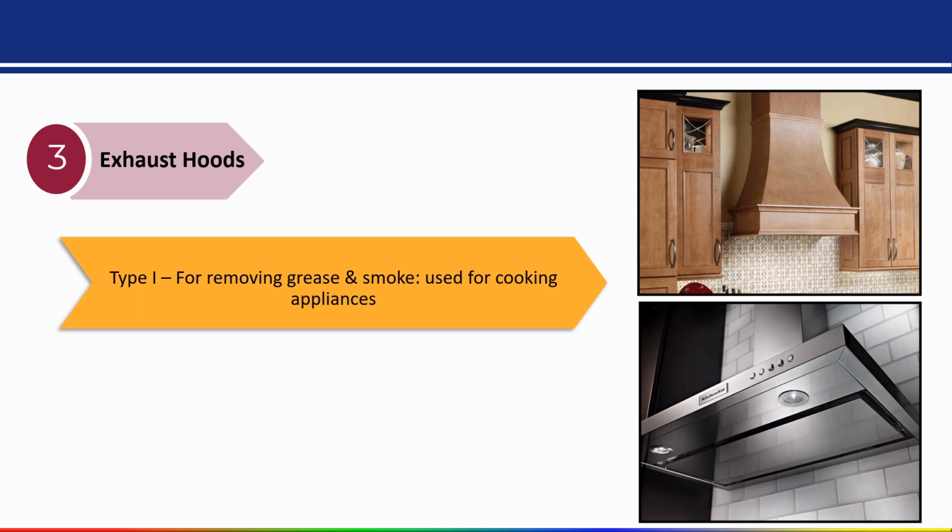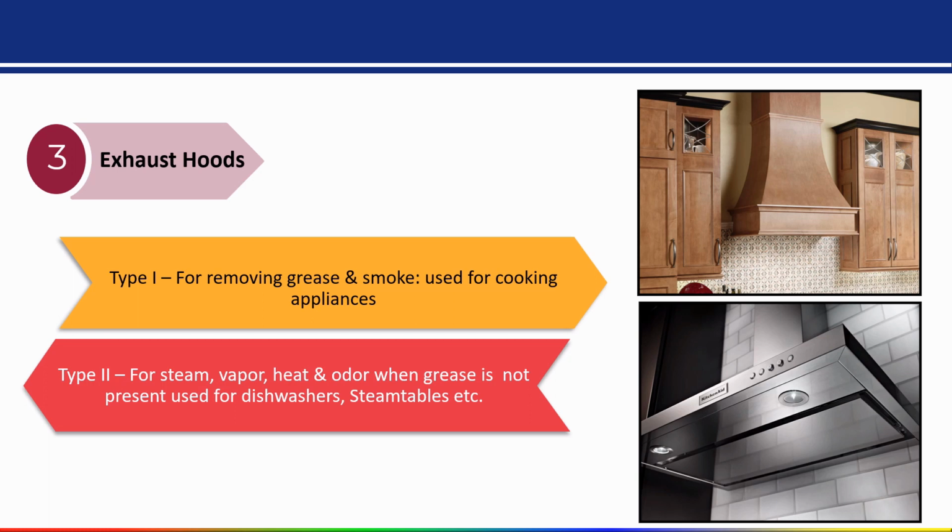Generally exhaust hoods may be classified into two types, type 1 and type 2. Type 1 hood is used for removing grease and smoke, so it is used for cooking appliances. The type 2 hood is used for removing steam, vapor, heat and odor when grease is not present. Type 2 hood is used for dishwashers, steam tables, etc.